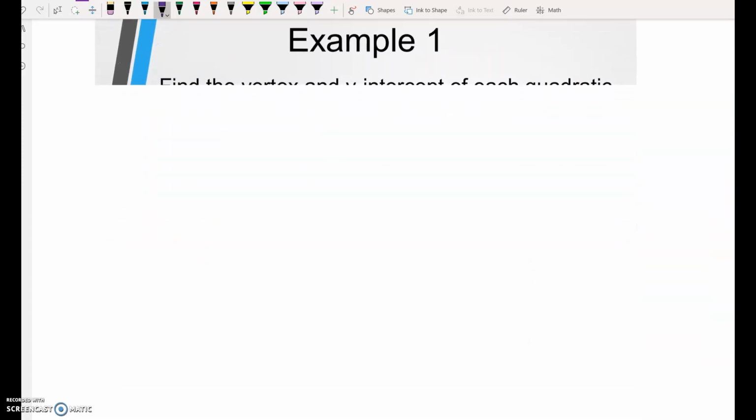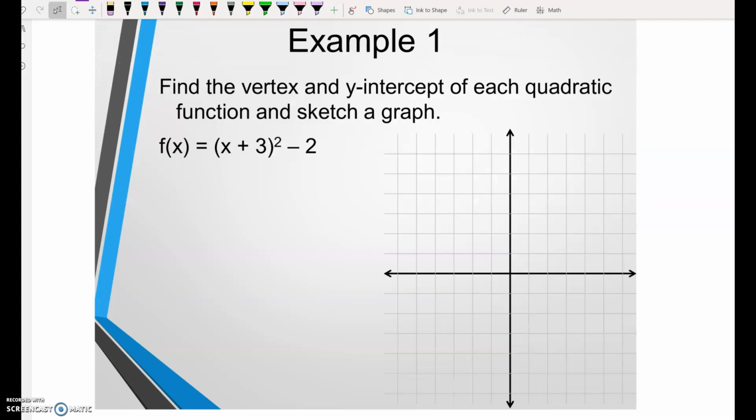So in our first example, it says to find the vertex and the y-intercept of the quadratic function and sketch a graph. So first we need to identify the vertex. The vertex is the opposite of the number inside with the x, so -3, and then the normal number that's outside, -2. Our vertex is at (-3, -2).